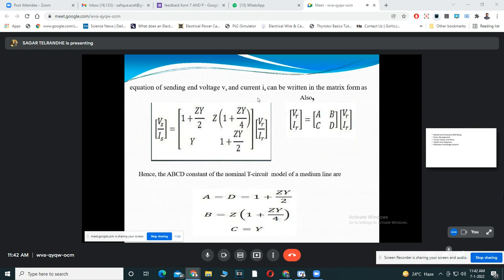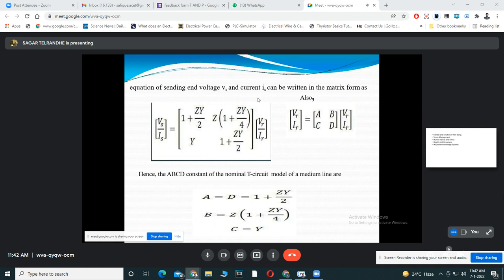Thus, placing it in a matrix form, we found that the whole transmission line can be represented in a matrix form.